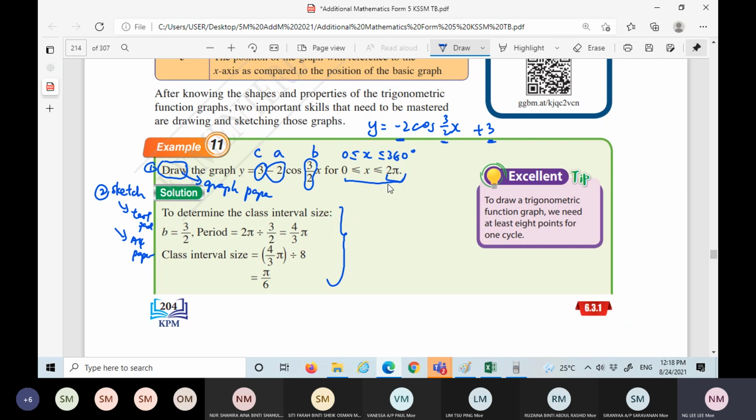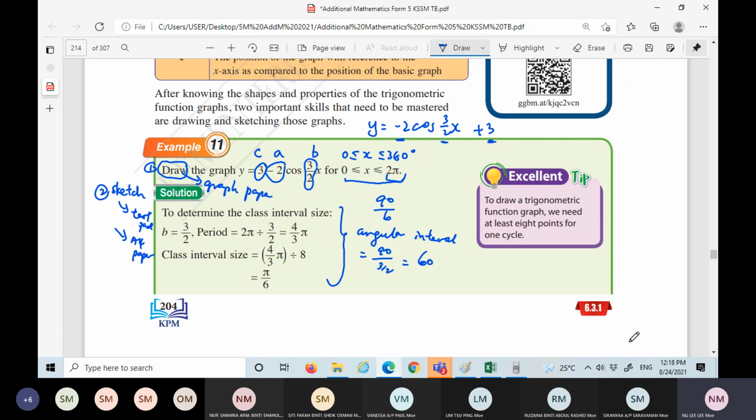So we just follow what we have learned: 90 divided by b. We don't care what is in your textbook here. Here the b is 3/2 again, same as the third question. So the angular interval for this question will be 90 divided by 3/2, and same as just now, you get 60.